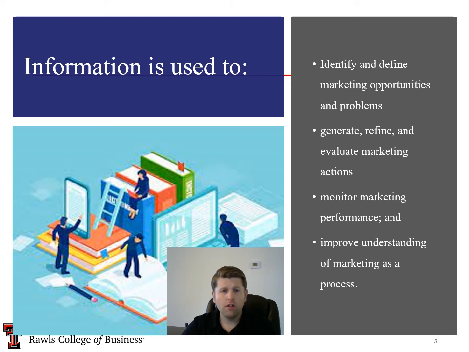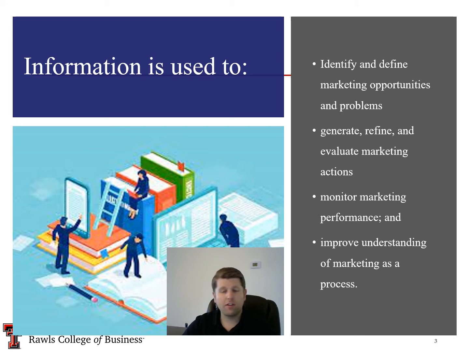It's also used to generate what type of actions a firm should take regarding their marketing, maybe refine some of the actions that they've taken, and potentially evaluate some of these things that a company might do related to their marketing efforts.